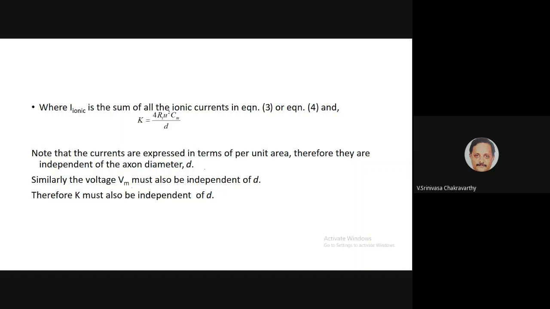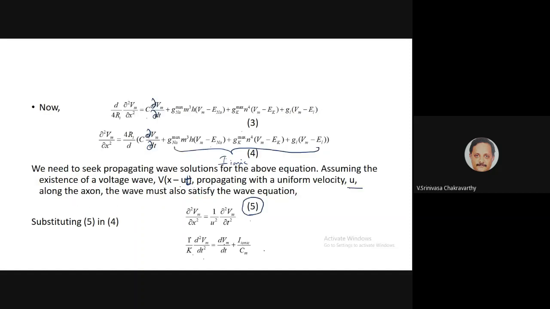So everything depends on diameter, but now I'm expressing all the quantities in terms of per unit area. I don't care what the diameter is. Therefore, k is the only quantity which is kind of a stranger in this equation. I understand Vm is defined at a given point, so there's no diameter dependence.